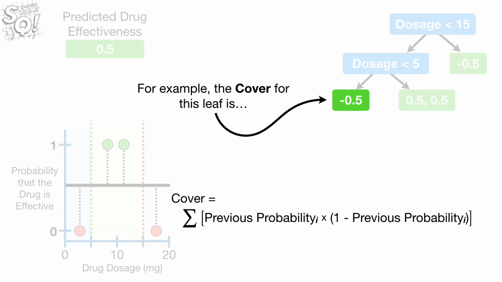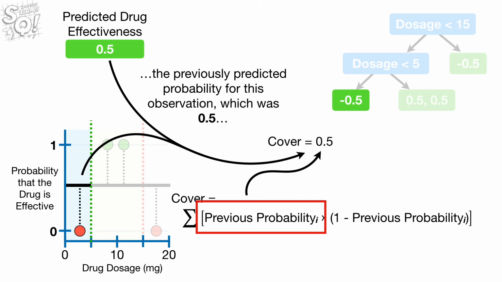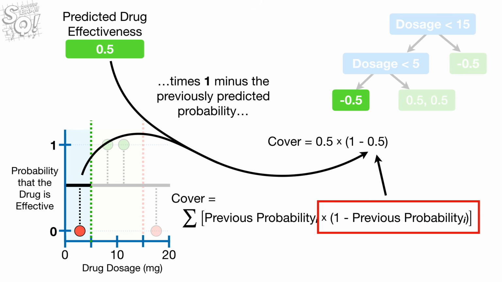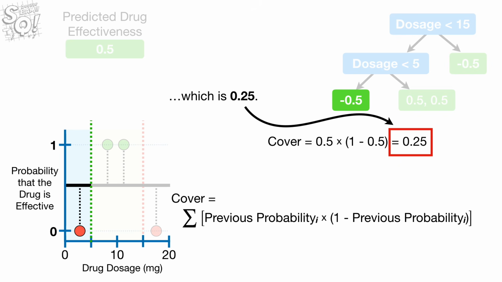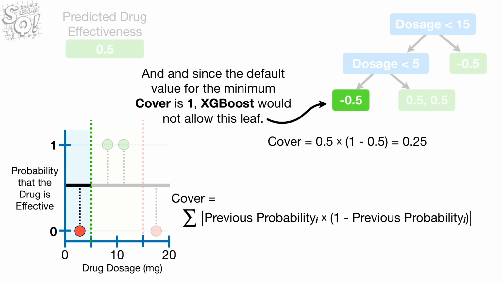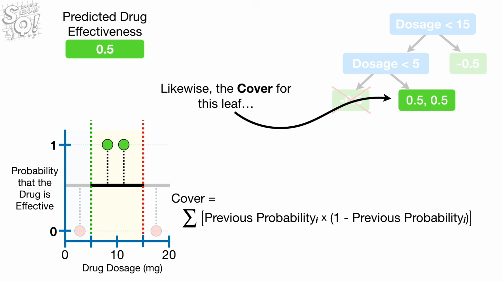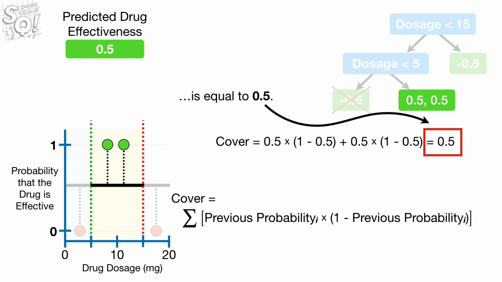For example, the cover for this leaf is the previously predicted probability for this observation, which was 0.5, times 1 minus the previously predicted probability, which is 0.25. And since the default value for the minimum cover is 1, XGBoost would not allow this leaf. Likewise, the cover for this leaf is equal to 0.5.